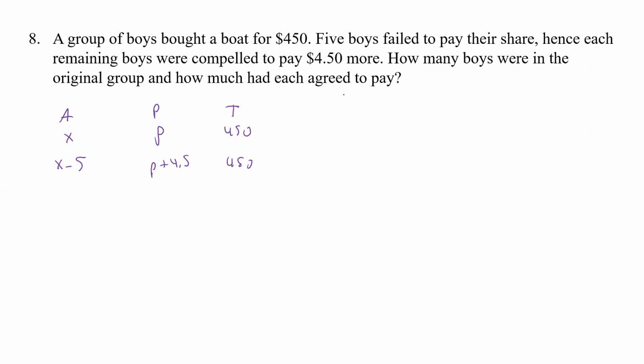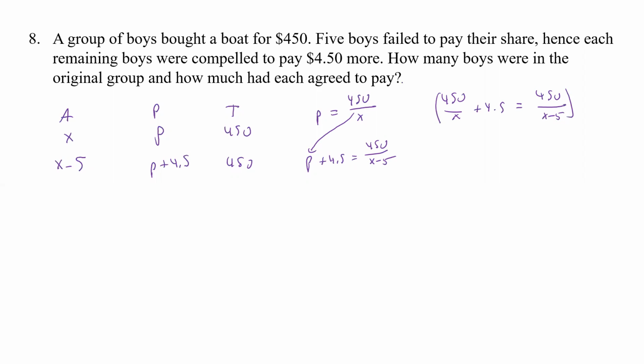Again, solving for that middle column, we get P equals 450 over X, and then we get P plus 4.5 is equal to 450 over X minus 5. That can go right there. And so 450 over X, and then plus 4.5 equals 450 over X minus 5.